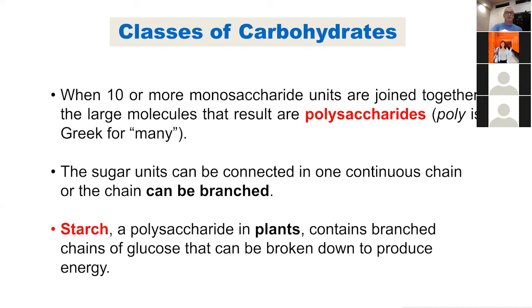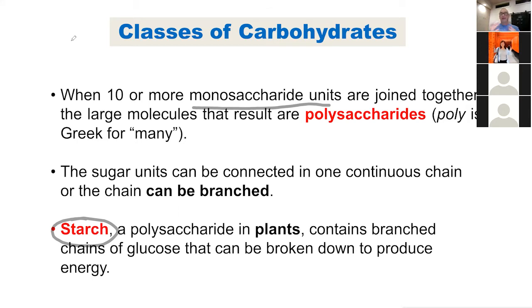So I'm going to go through the main types that we come across. The first one is called starch. We're probably all familiar with starch. You get starch in potatoes, have a lot of starch in them. Pasta has a lot of starch in it. What is that? Well, that's just a really long chain of monosaccharide units joined together. So more than 10.